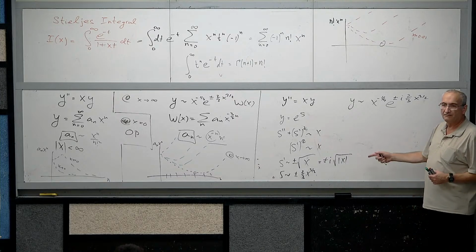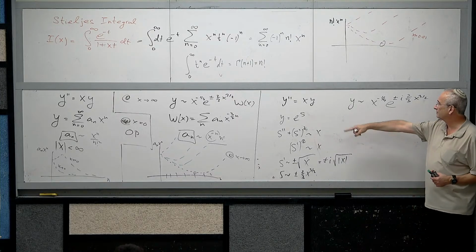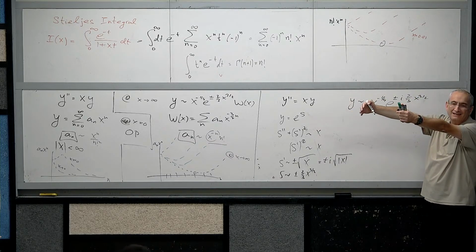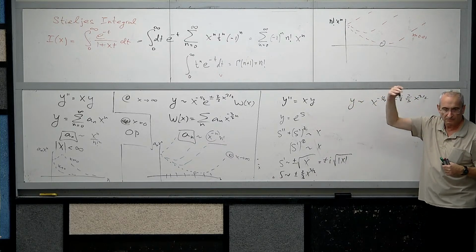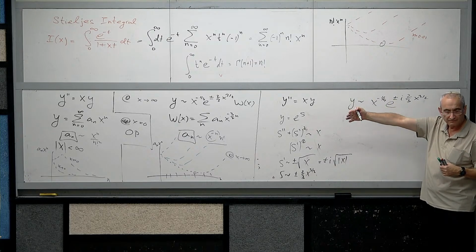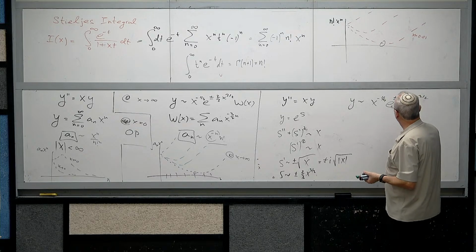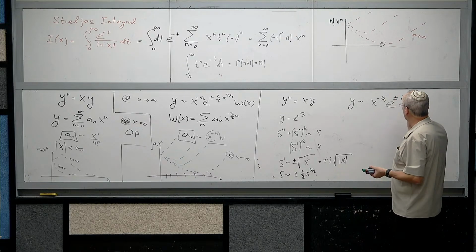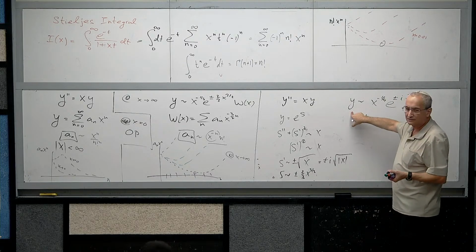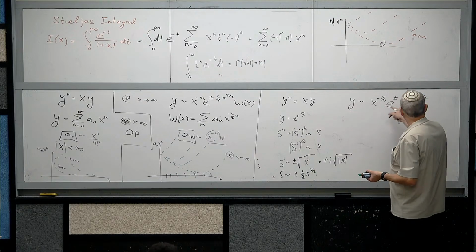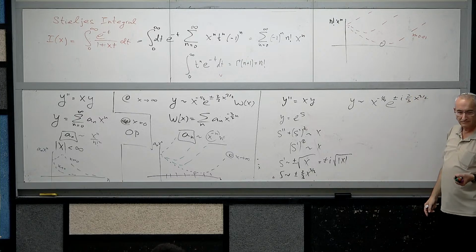This is the optical physics expression for the behavior of the Airy function at large and negative x, not large and positive, large and negative. Now, since we want the answer to be real, what should we do?